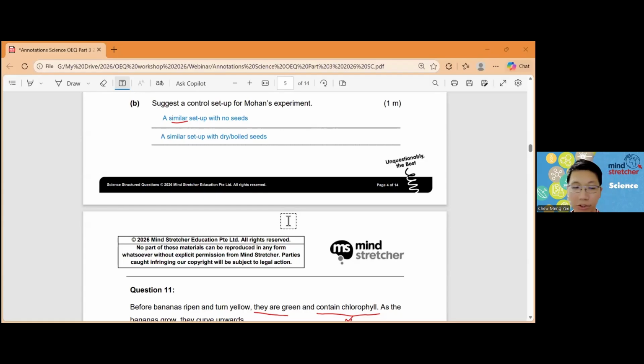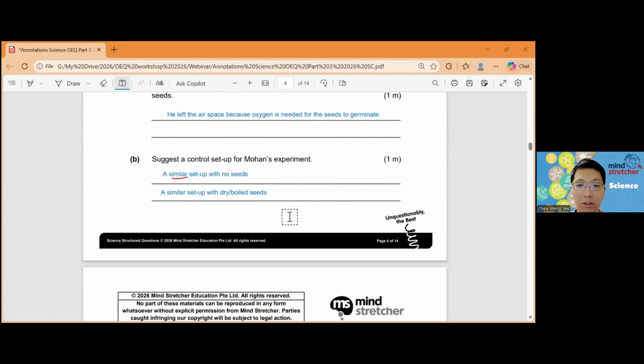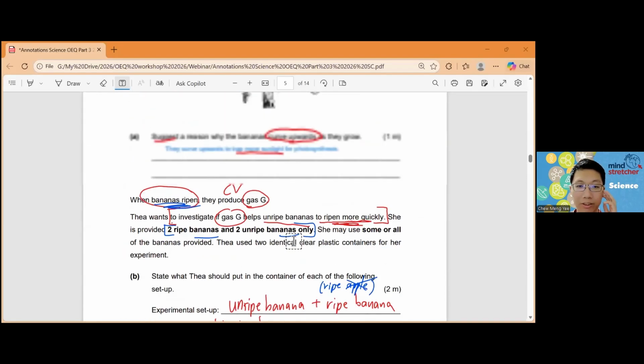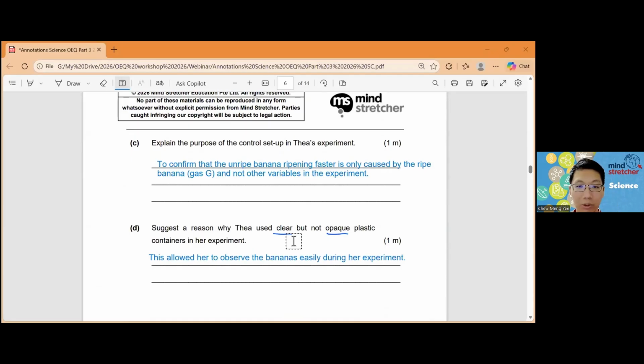They could just ask you which two setups to choose, or they ask you to write a sentence like, why do you keep the constant variable that? So I could say every year, I can't remember for now at this moment. Definitely, fair test questions are very common and likely to come out every year. Okay?